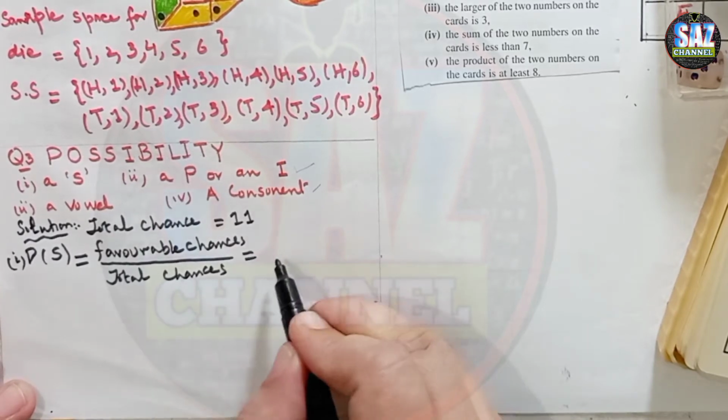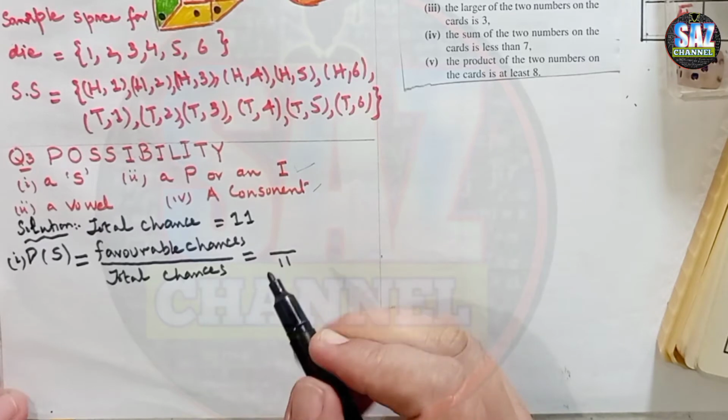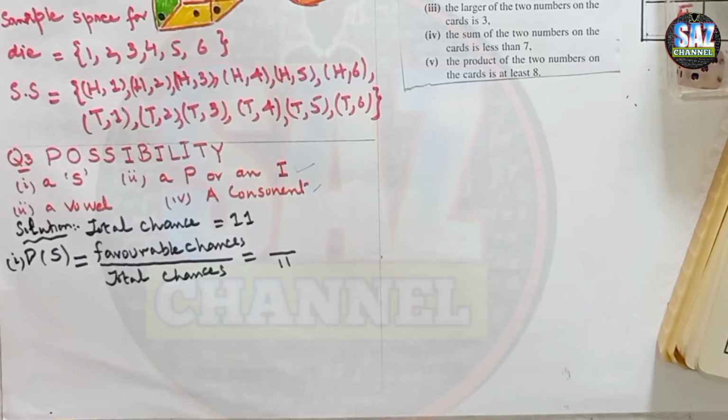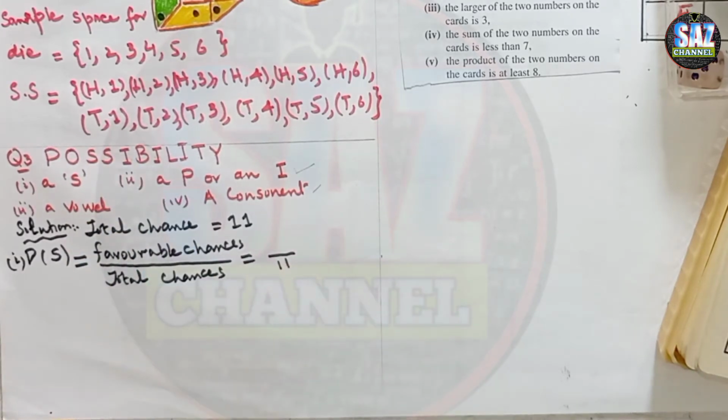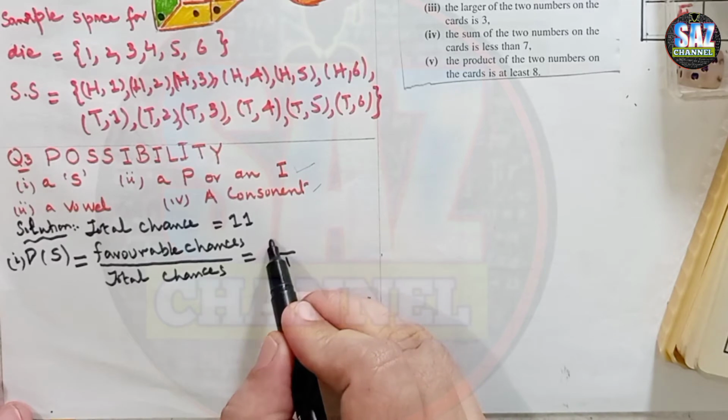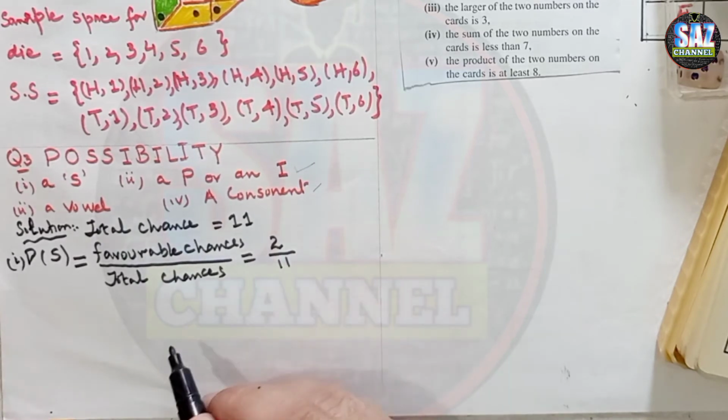Total possible outcomes are 11, and now we have to see how many times we are having S with us. There are 2 S, so favorable chances are 2, so the probability of S is 2 by 11.